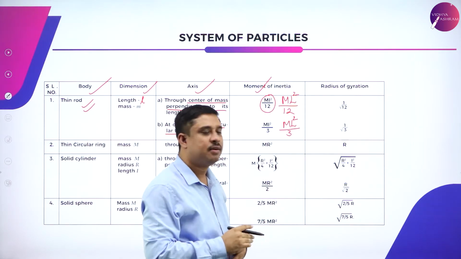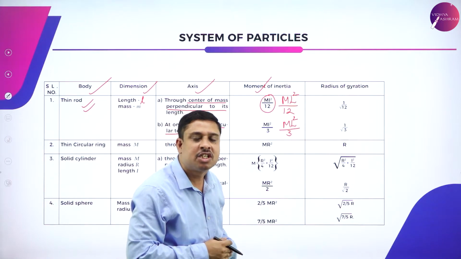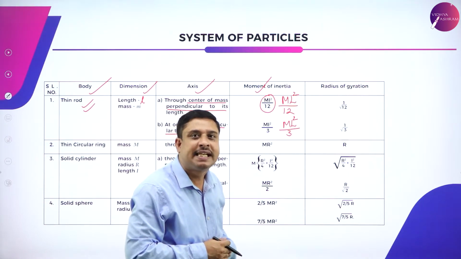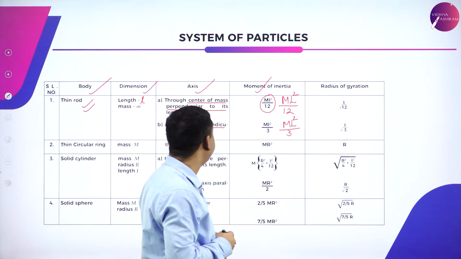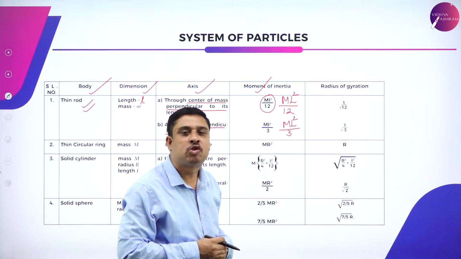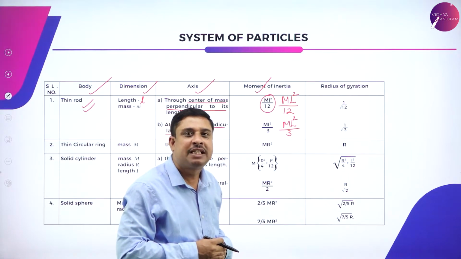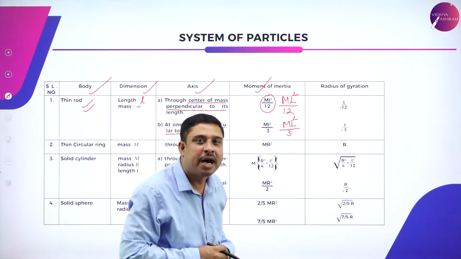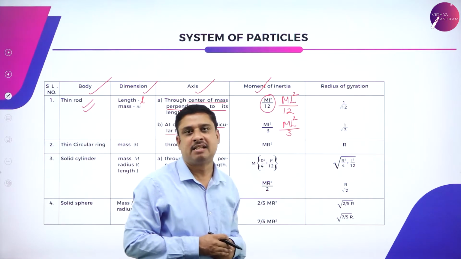So this is the moment of inertia of the thin rod about its center perpendicular to its length. This is the moment of inertia of a thin rod at one end perpendicular to its length.